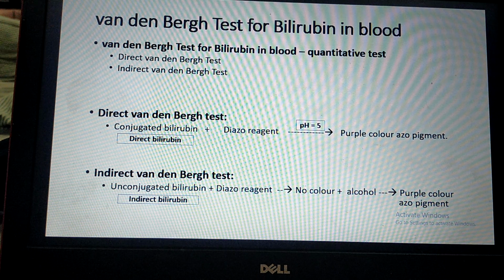This is because direct or conjugated bilirubin is soluble in water, so it combines with diazo reagent, whereas unconjugated bilirubin is insoluble in water. It does not combine with diazo reagent because it is insoluble. But when we add alcohol, this unconjugated bilirubin becomes soluble and combines with diazo reagent to give purple color.